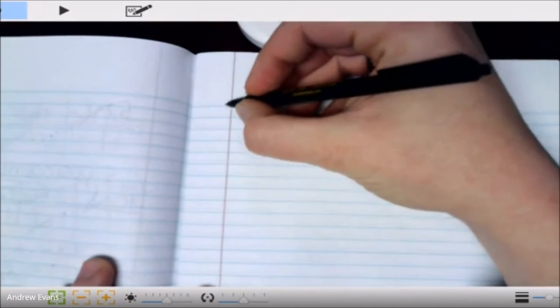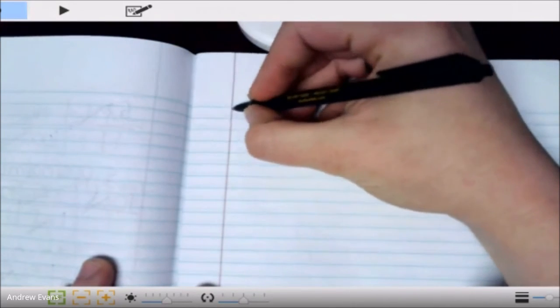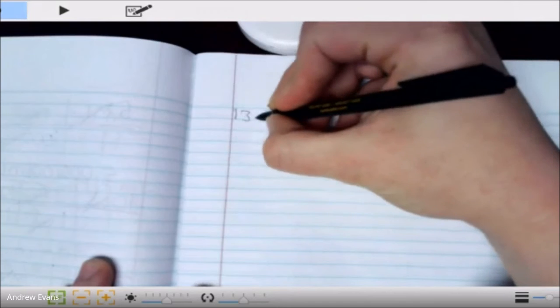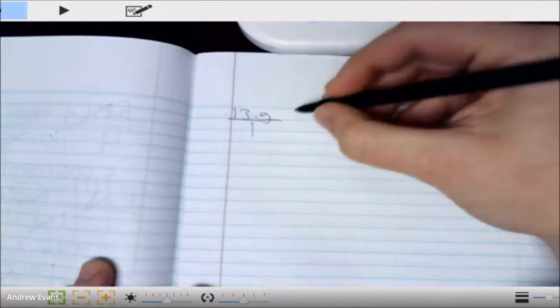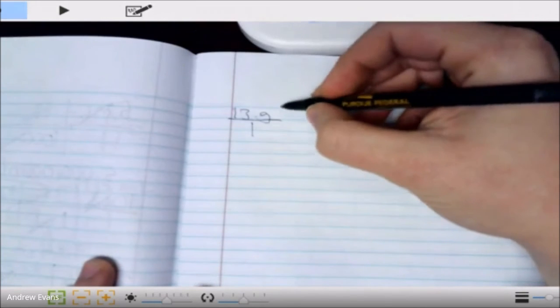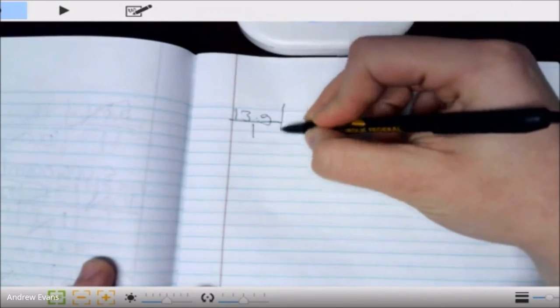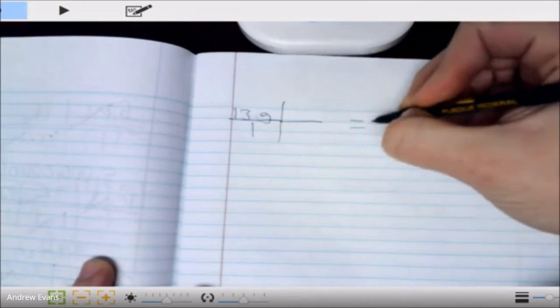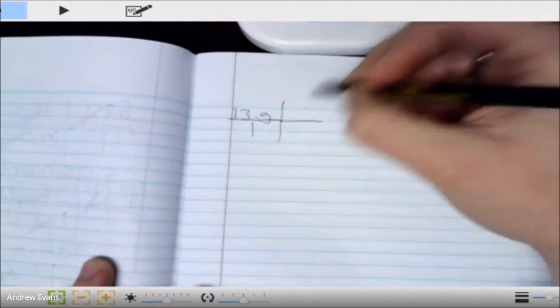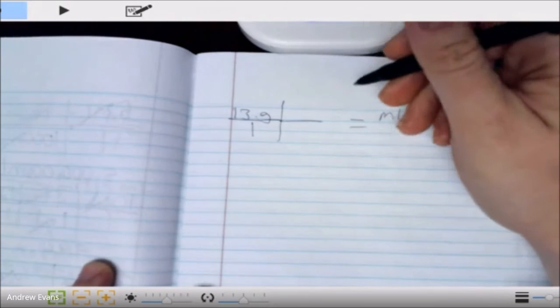So start up here with 13 grams of aluminum. Now, if I need mils as the final step, I need grams gone and I need mils on top.